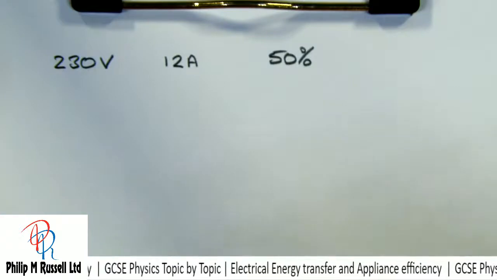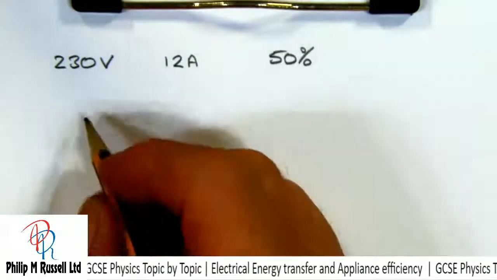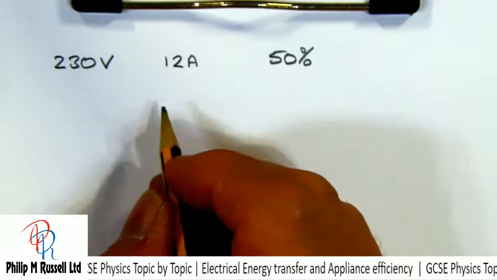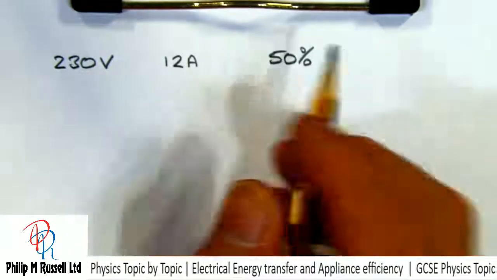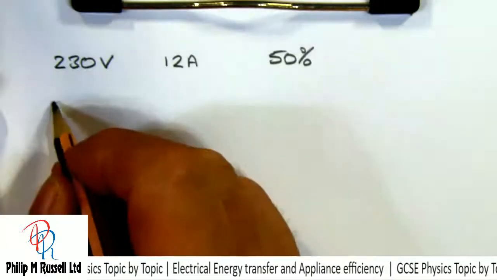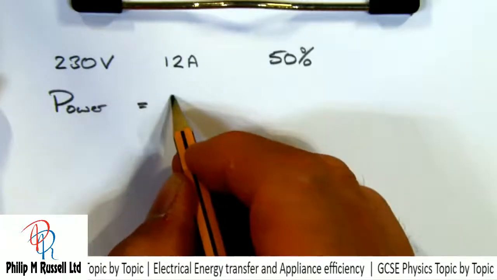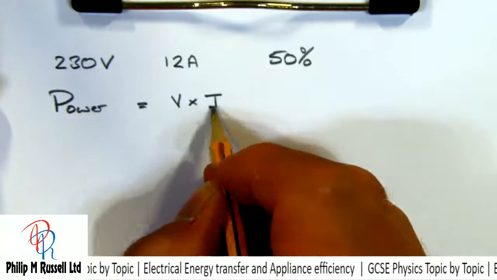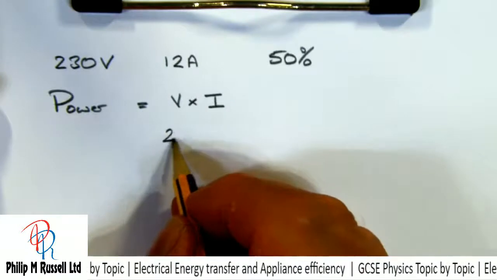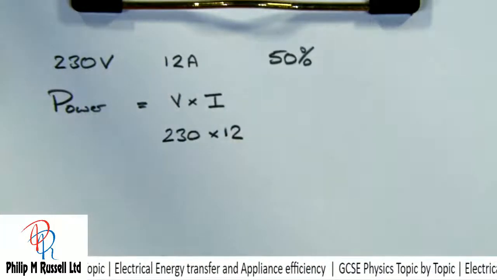And what we want to try and do is work out how efficient it is, how much power, and everything else about this. So let's work out some things about this sum. We want to work out the power. The power is the voltage times the current. So this is going to be 230 times 12.